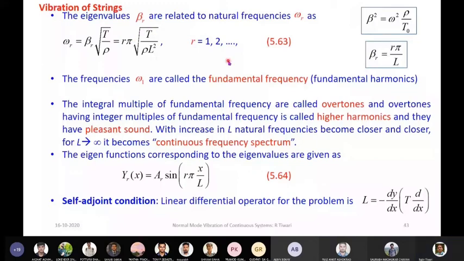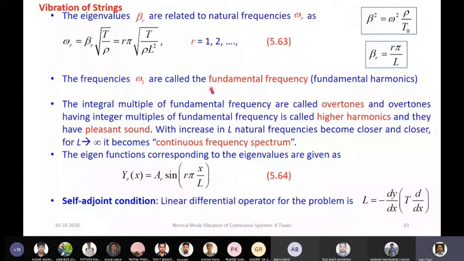And R is here. So R can take 1, 2, 3, 4. When we take R is equal to 1, we call that the lowest frequency because others will be higher than that. That lowest frequency we call the fundamental frequency.